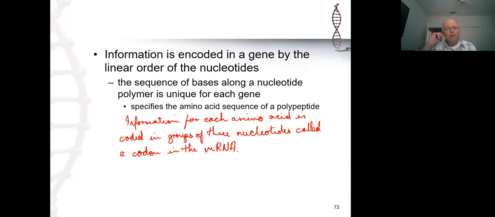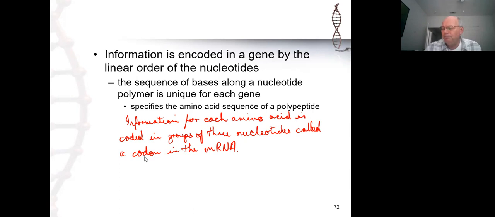So the groups of 3 nucleotides are still present in the DNA molecule, but we don't refer to them as codons in the DNA. We refer to them as codons once we've created the copy of the gene in the messenger RNA. But there are still groups of 3 nucleotides in the DNA representing each of the amino acids.